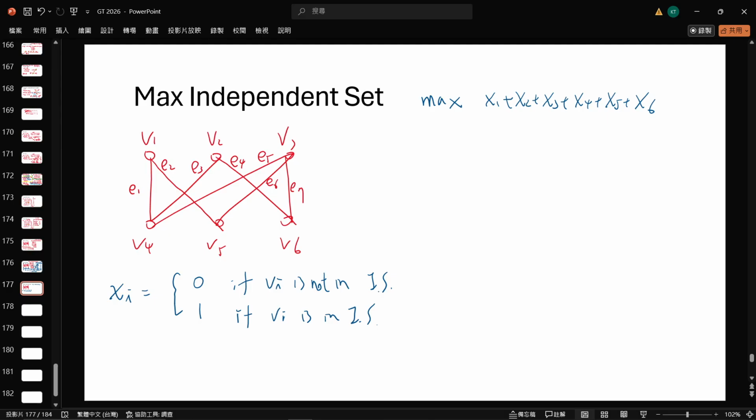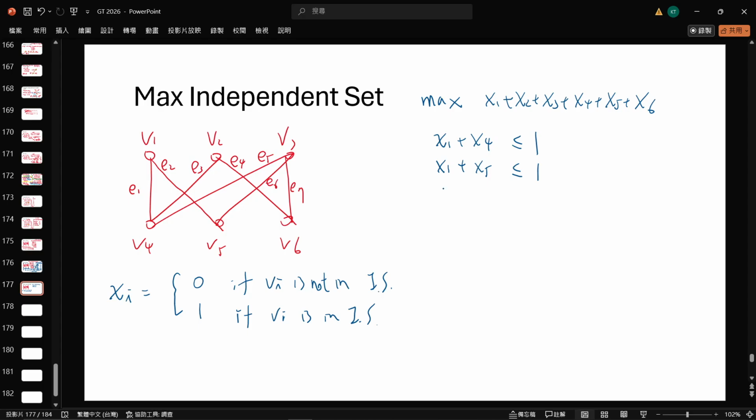So for E1, we can have a constraint like x1 plus x4 is at most 1, okay? So this makes sure that at most one of V1 or V4 is chosen, okay? So this is for E1, and we can list all the constraints for other edges, okay? So x1 plus x5, so this is for E2, okay?